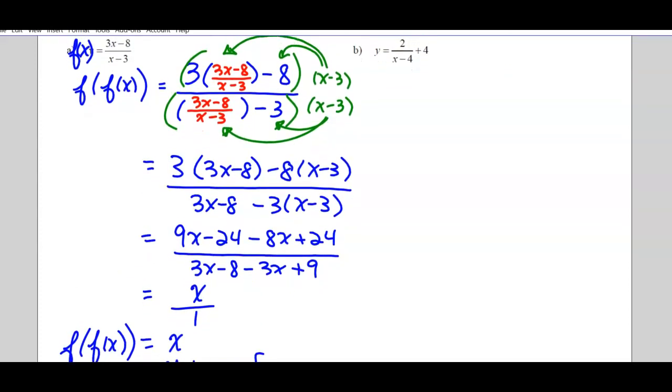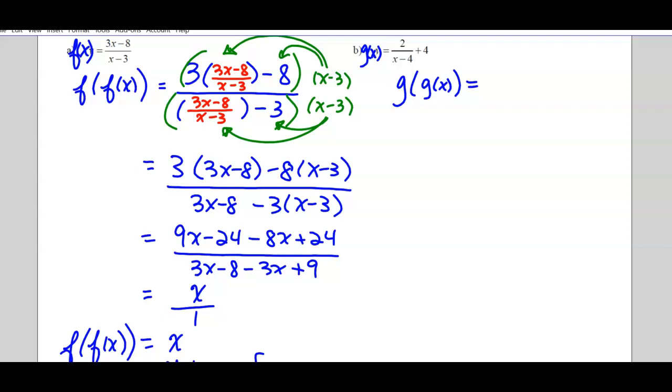Maybe I'll call this one g of x. Again, good attention to detail, right?